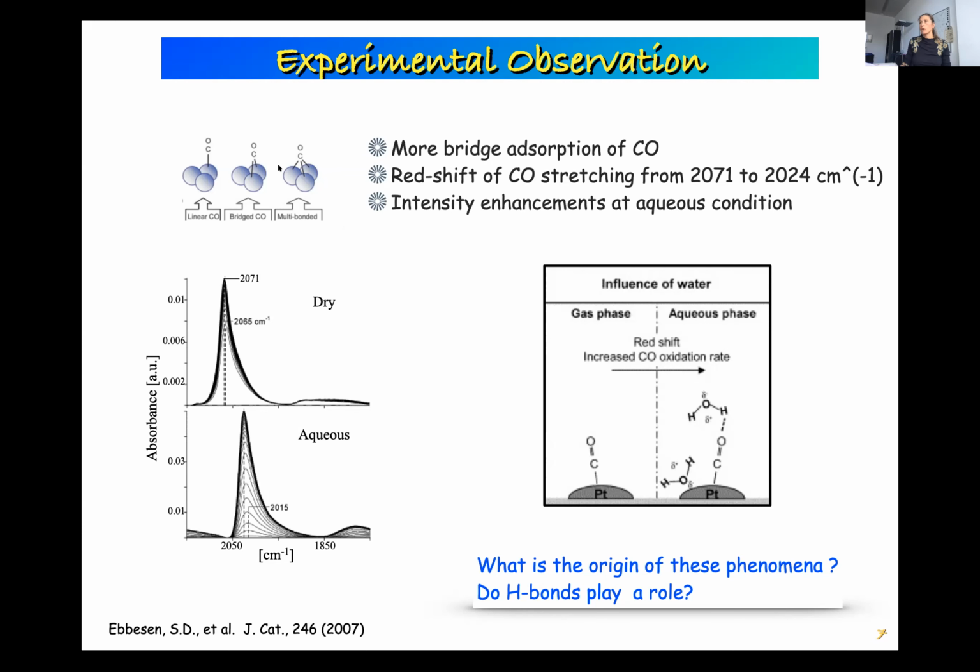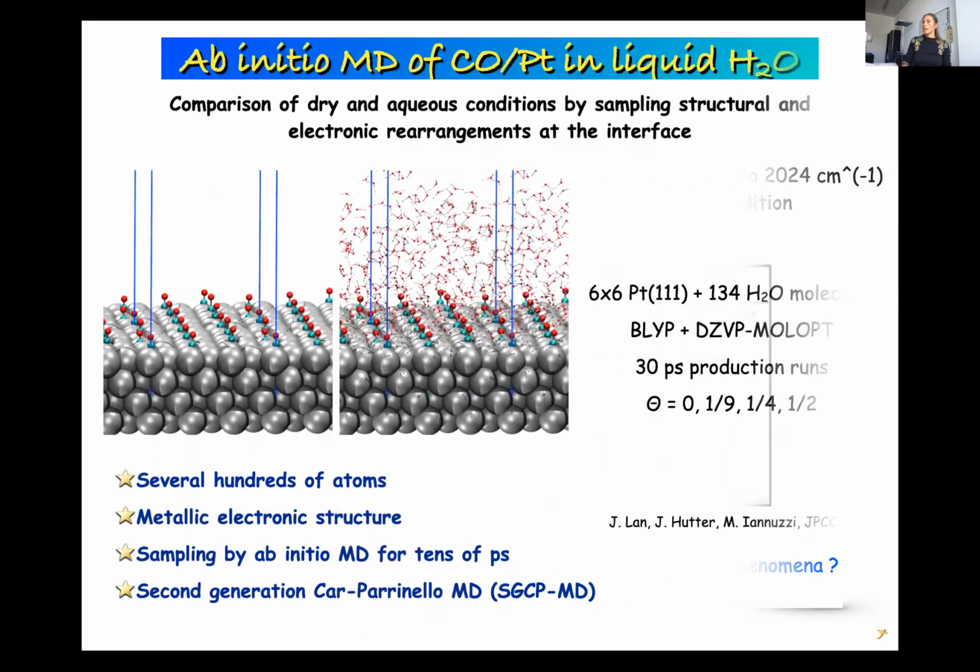If CO were adsorbed in another position, then the change in the frequency would be much larger. So the question was, what is happening at the aqueous interface when CO is adsorbed, and why is there a frequency shift?